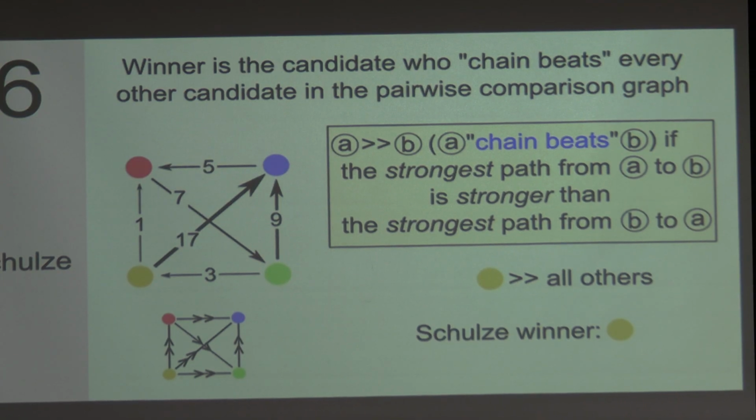Because of that yellow versus green match, the difference was so small that everybody who wants to chain beat yellow has to go through that 3 value, and that's why nobody could.